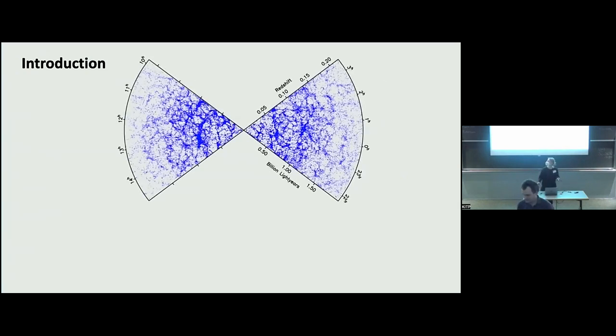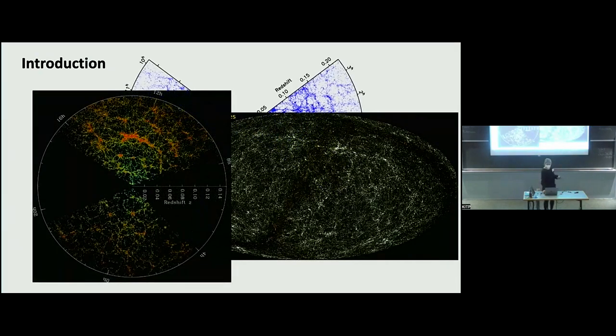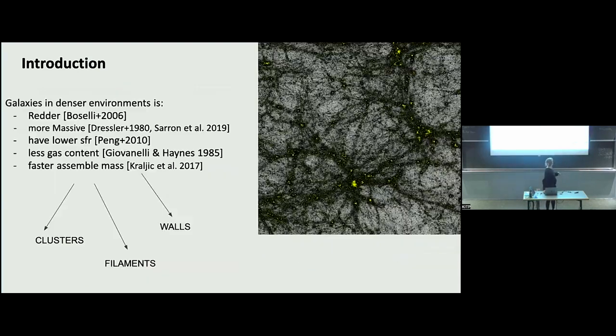But as you know, we have many surveys which show that galaxies in the universe are not distributed uniformly. And we see the structure, which we call the cosmic web, and probably the most incredible thing is that properties of galaxies depend on where they appear.